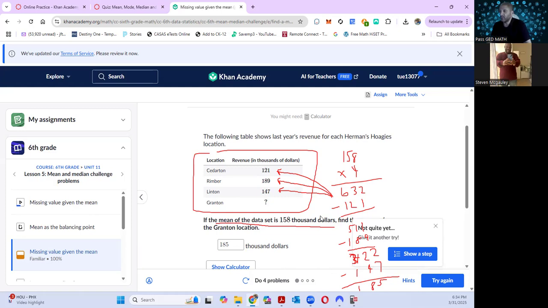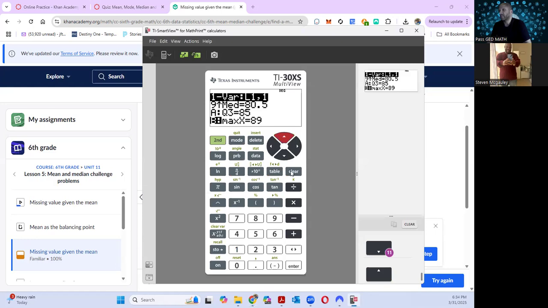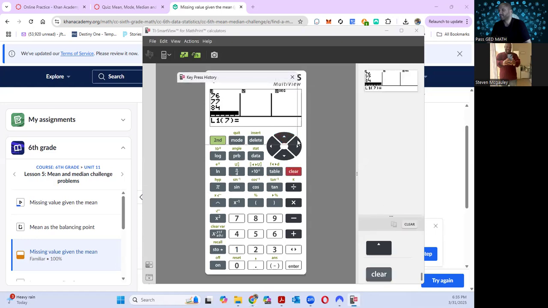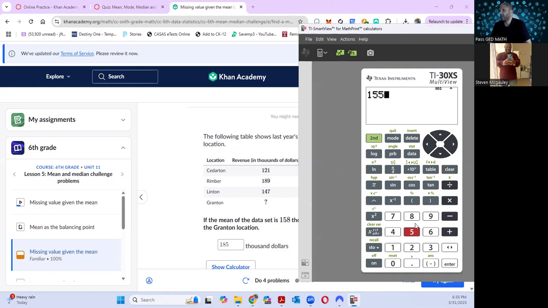So let's make sure, let's grab our calculator. We're going to use the calculator for everything. So I'm going to put the calculator on the screen. The average is 158, so we take 158 and multiply that by 4.